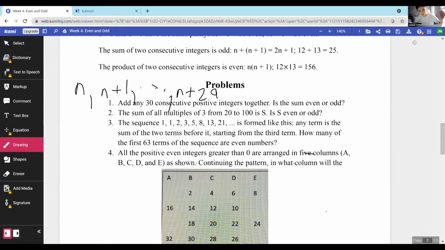Since there are then 15 odd terms, and there are an odd number of odd terms in the sum, which makes the sum odd. And also another quick way to do it is grouping them, and since each of these are the sum of consecutive integers, they are odd, and there are 15 of them, which also produces an odd number.